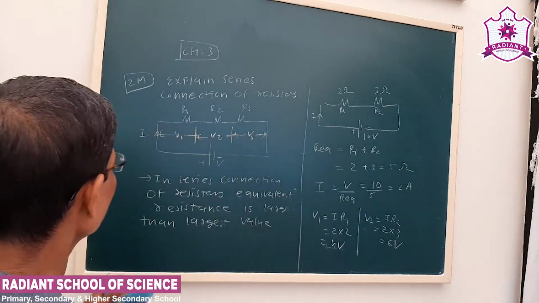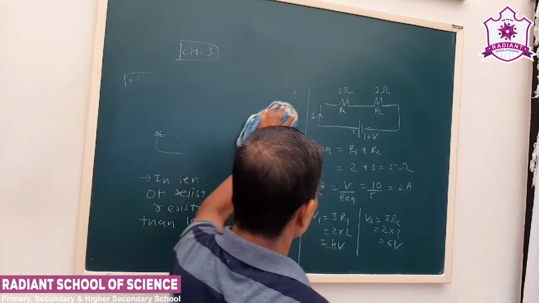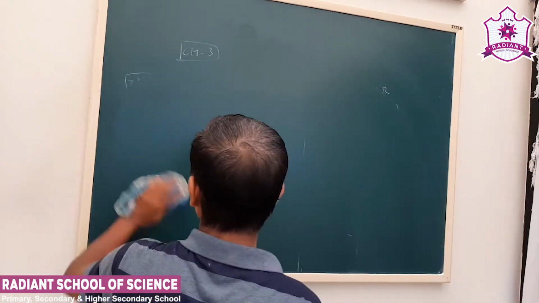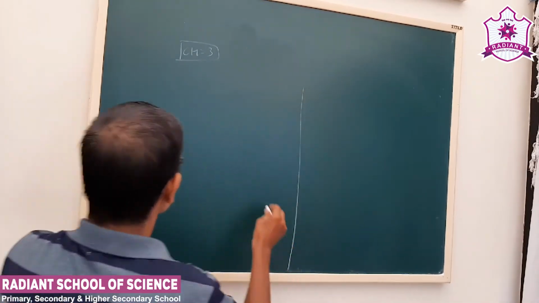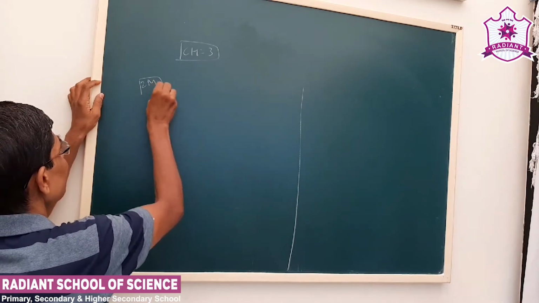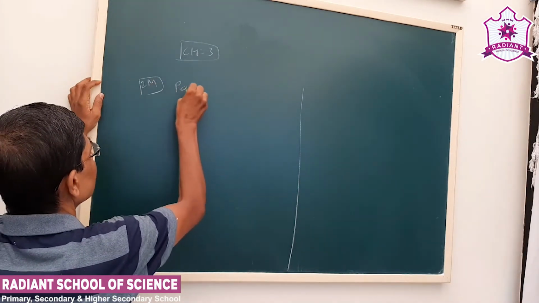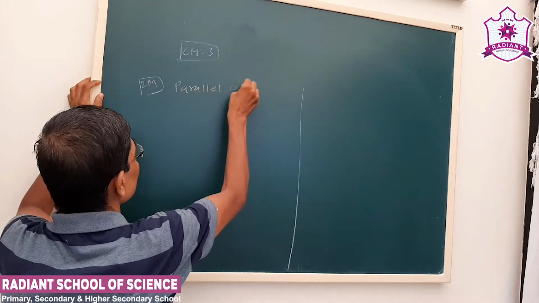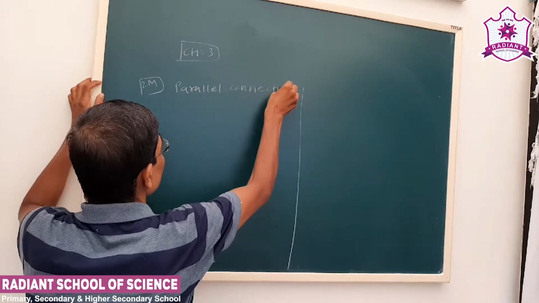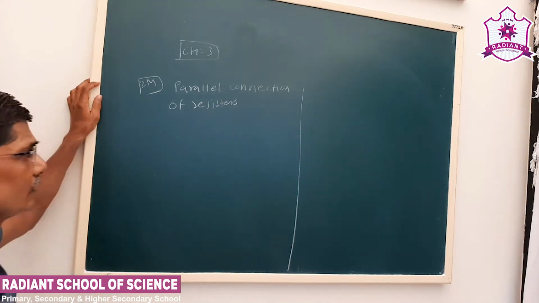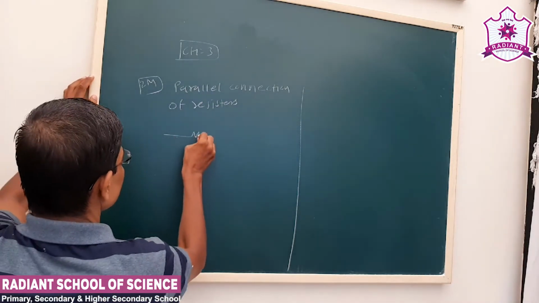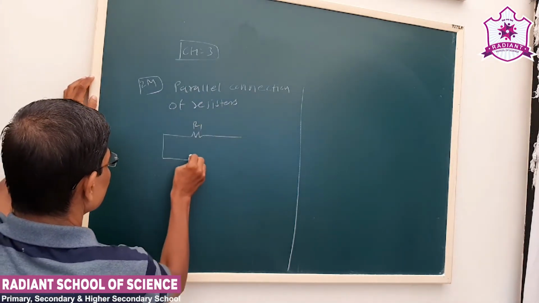Now next we have to see about the parallel connection of the resistors. Okay, now R1.